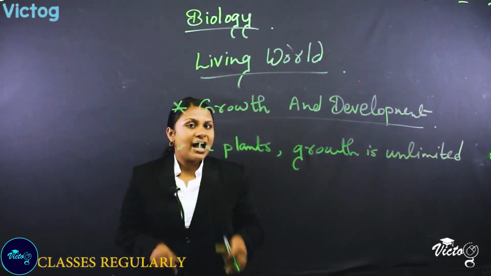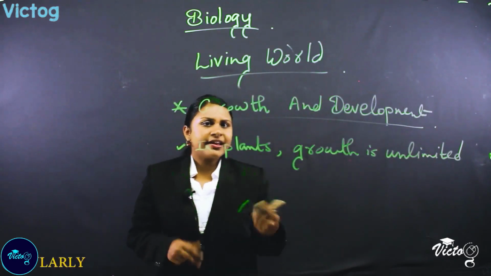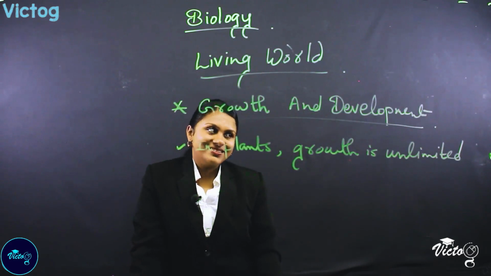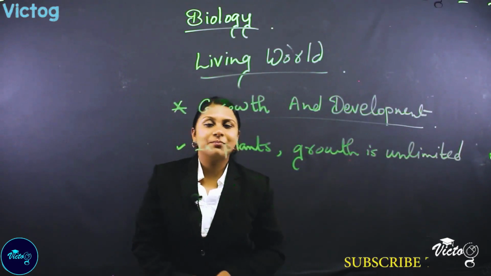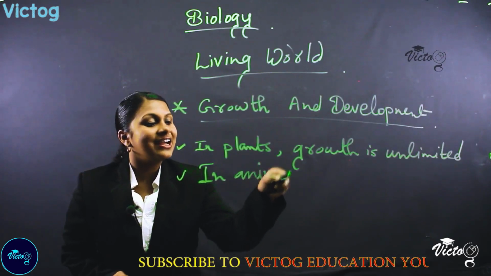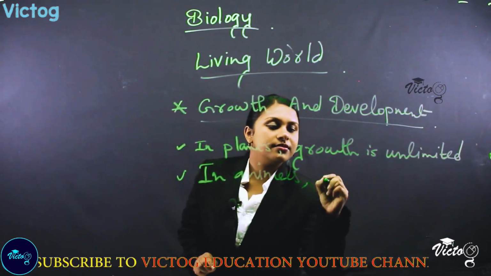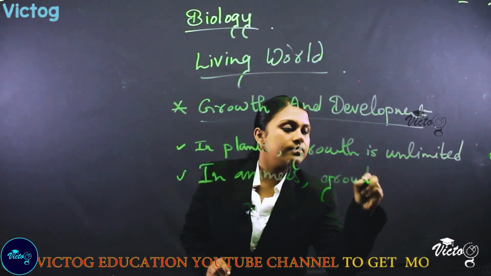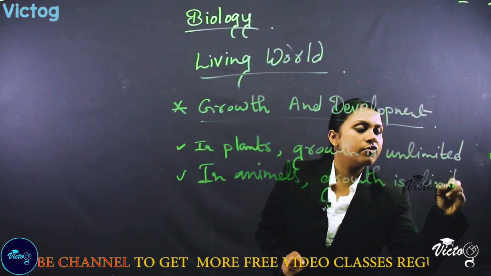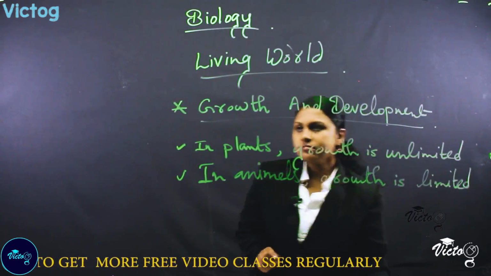That is, when you break a branch of a tree, it may recover after some time. What happens if someone breaks your hand? Okay, this is a simple example. So what in case of animals? If someone breaks our hands, it never grows. Growth is limited in case of animals.